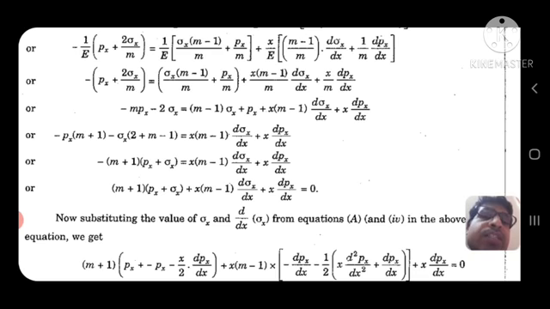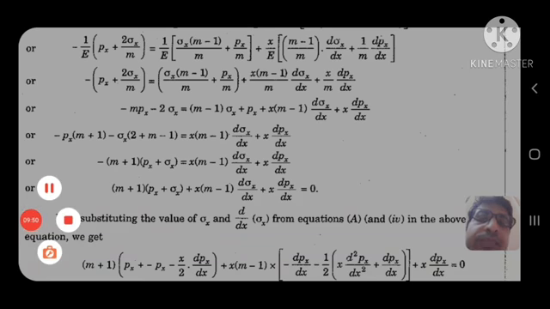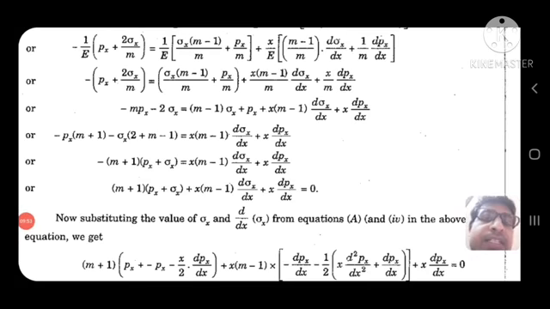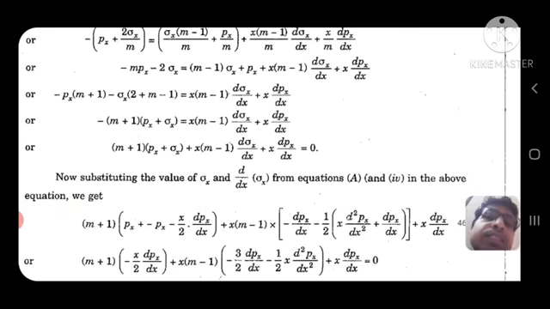Therefore, minus (px plus 2 sigma x by m) is equal to sigma x (m minus 1 by m) plus px by m plus x (m minus 1 by m) d sigma x by dx plus x by m dpx by dx, or minus m px minus 2 sigma x is equal to (m minus 1) sigma x plus px plus x (m minus 1) d sigma x by dx plus x dpx by dx.